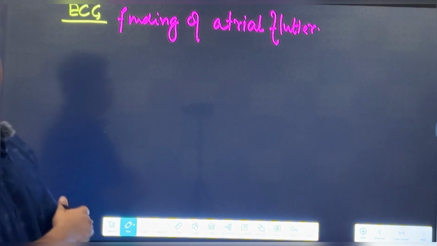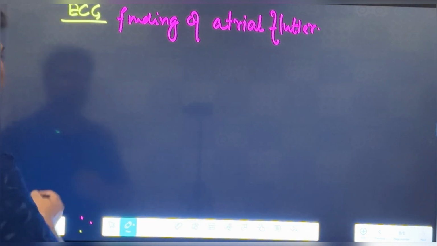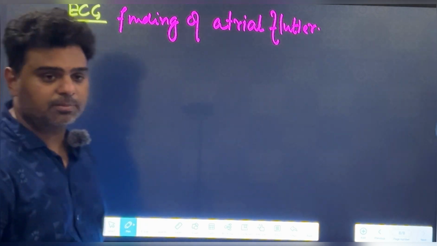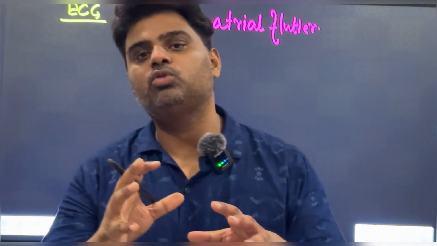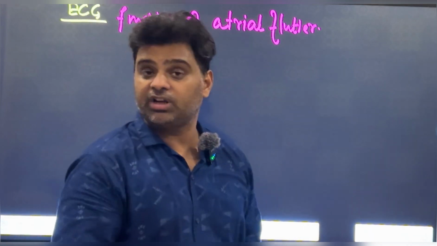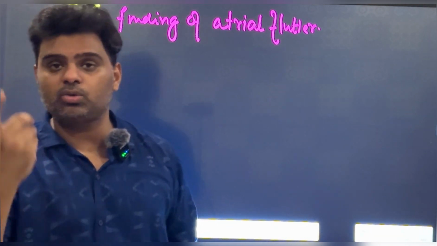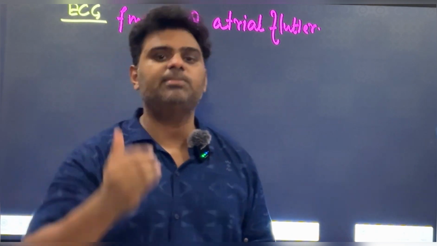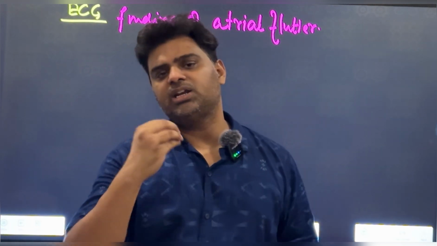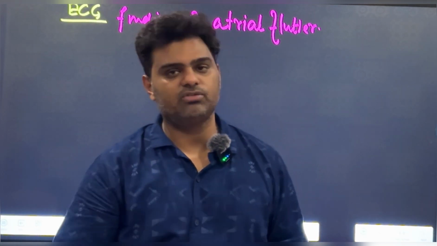First of all, a very important point: when should you think of atrial flutter? If atrial flutter is simple on the ECG, you will easily diagnose it. But if it is moderate to complex, then it becomes very difficult. So whatever I am telling you, keep that in mind, and in 99% of cases you will be able to diagnose atrial flutter.